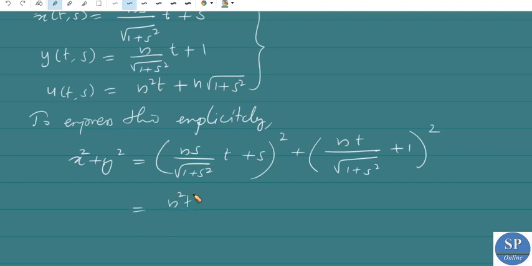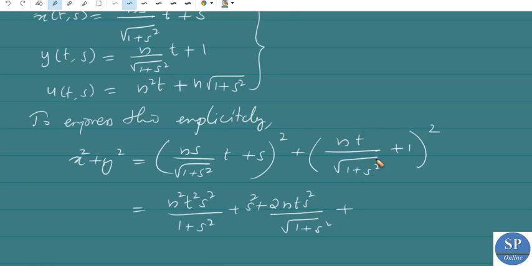So this is equal to n square t square s square divided by 1 plus s square, plus s square, plus 2 into n into t s square divided by square root of 1 plus s square, right?